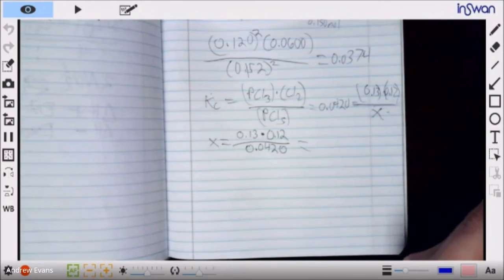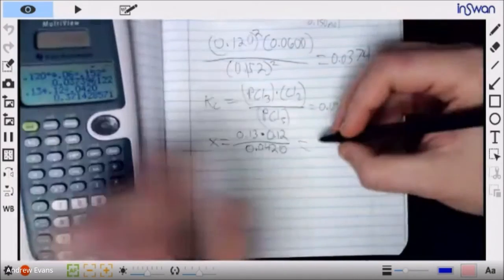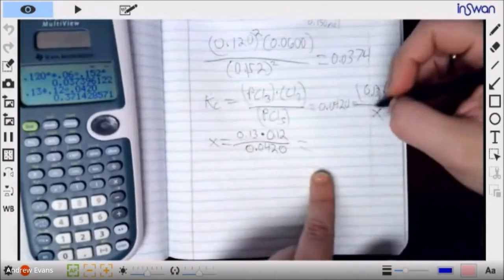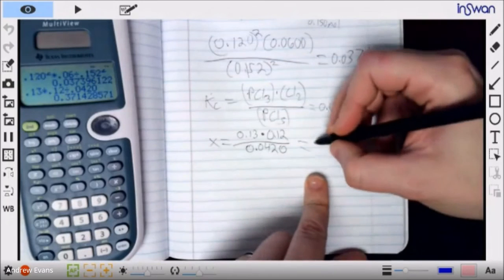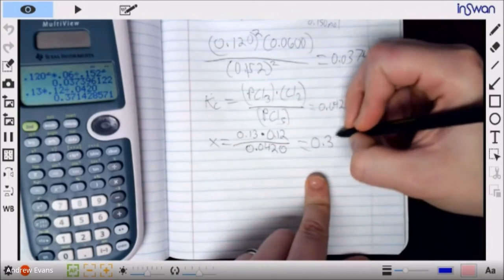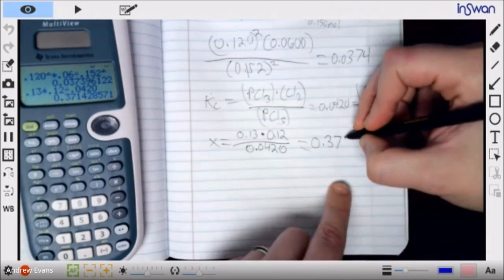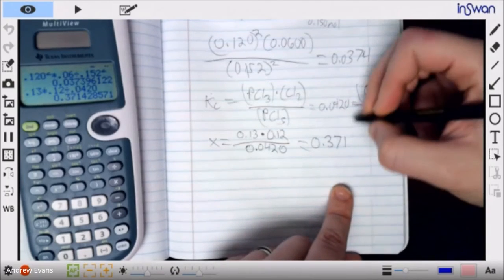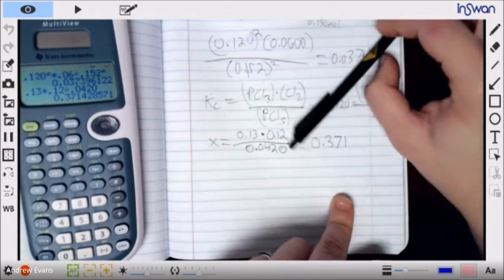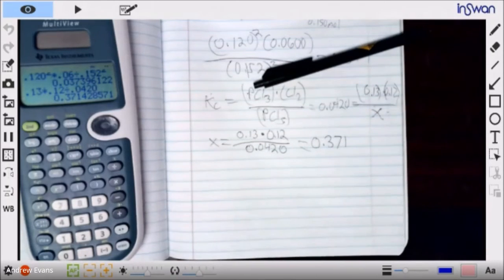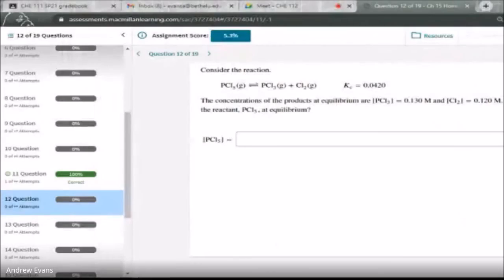This is why we wanted you to have some level of math before coming in here, because you need to be able to efficiently solve for this once we set it up. Hopefully this is not too bad. I try to throw reasonable problems at you. 0.371 would be our concentration of reactant at equilibrium.